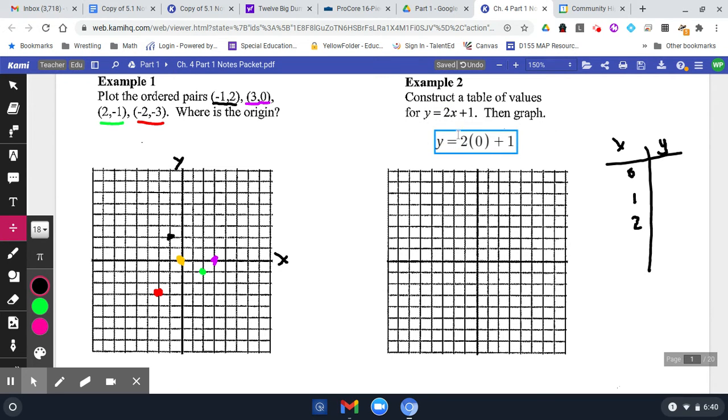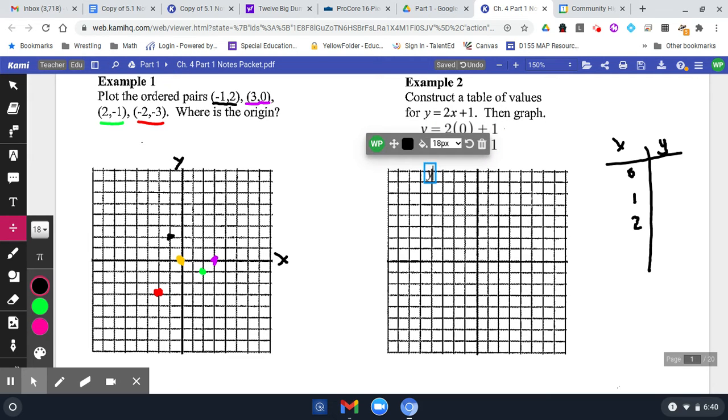All right. And then we're going to do it again. I'm just going to do it right away. Got y equals 2 parentheses 1 plus 1. And then we're going to have one more of those.